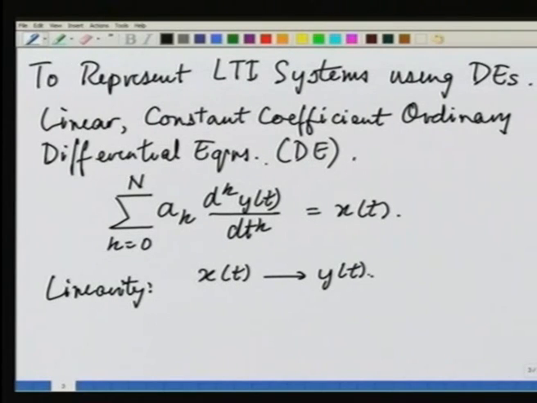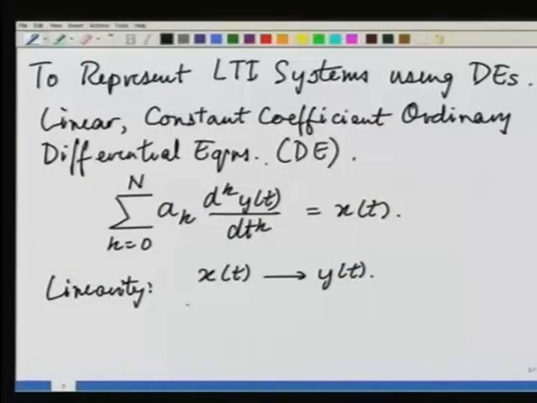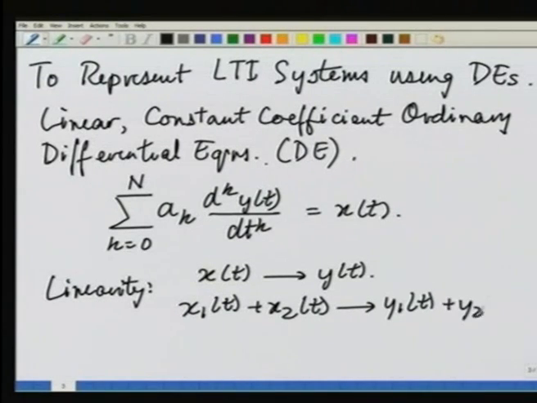Then for this kind of differential equation, under certain conditions, only under certain conditions, it will turn out that if two inputs are superimposed, x1(t) and x2(t), whose respective outputs are y1(t) and y2(t), then the response to x1(t) plus x2(t) will be y1(t) plus y2(t) under certain conditions.